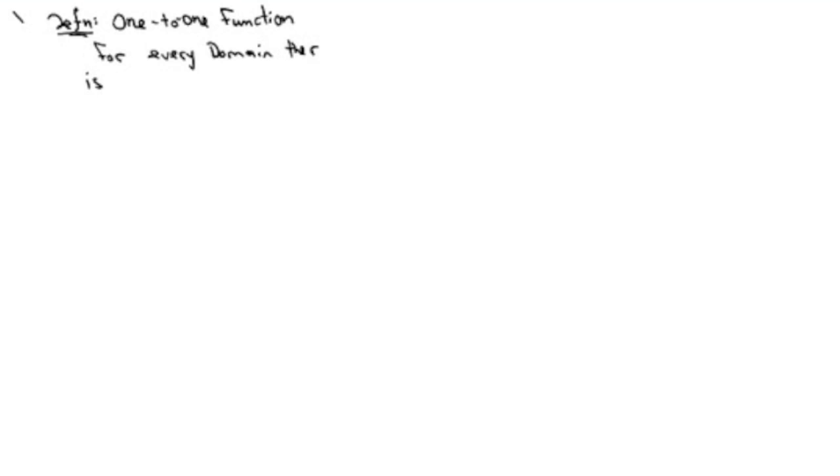Now, the definition of function says for every domain there's exactly one range. This one goes for every domain there is a unique range. Now, when you say the word unique, it's one and only. If everybody had a unique height, everybody in this room would be different heights, which more than likely is true, but it's really hard to find someone exactly the same height.